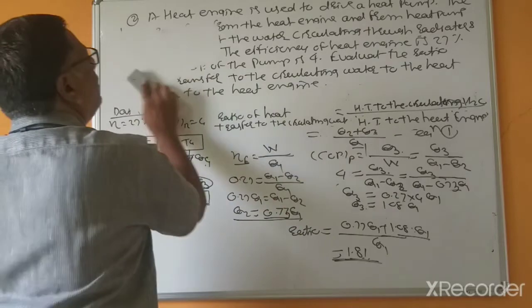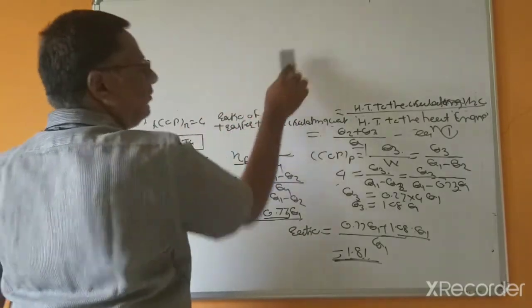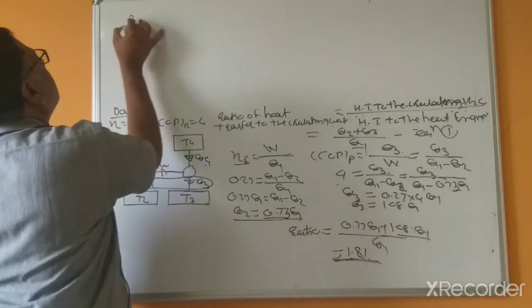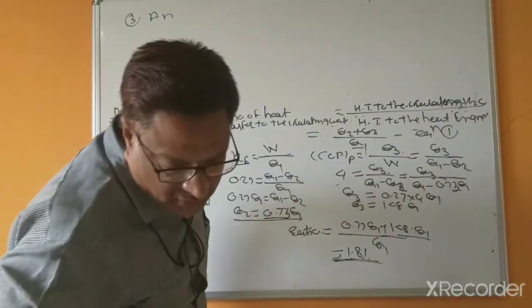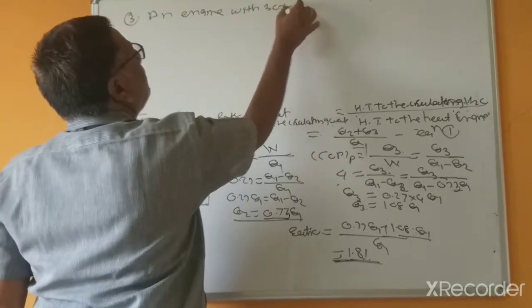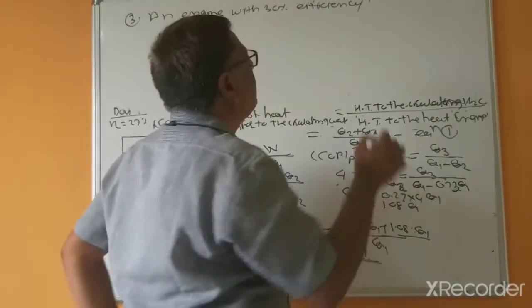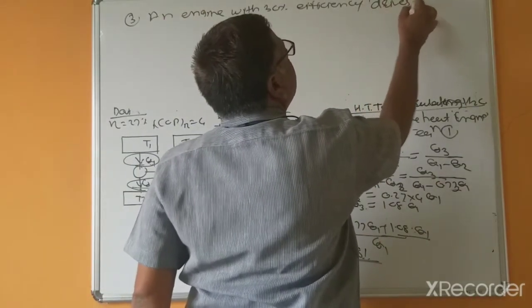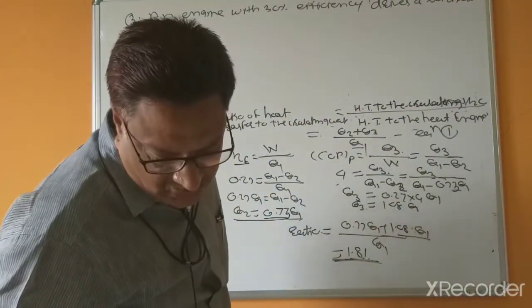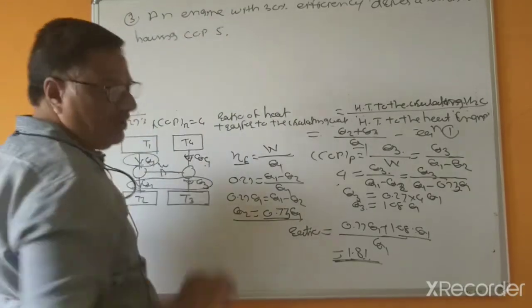Note down today's third problem. An engine with 30% efficiency drives a refrigerator having a COP of 5.